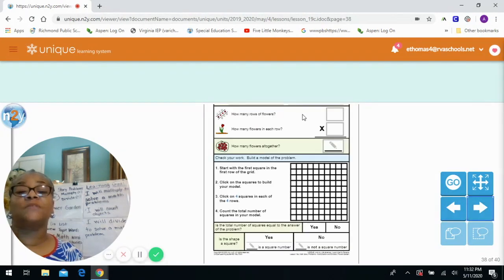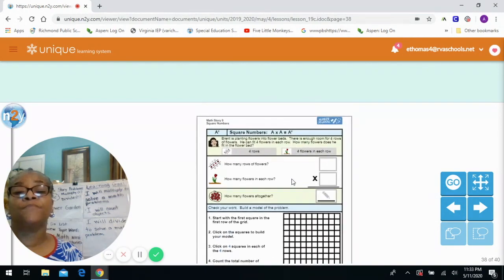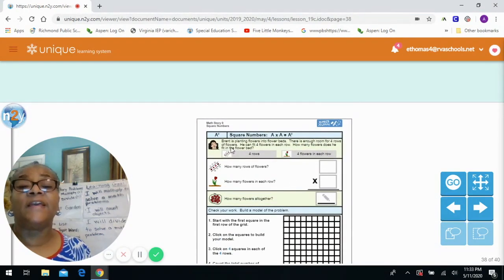All right, let's work that one out. So Brent is planting flowers into flower beds. There is enough room for 4 rows of flowers. He can get 4 flowers in each row. How many flowers does he fit in the flower bed?